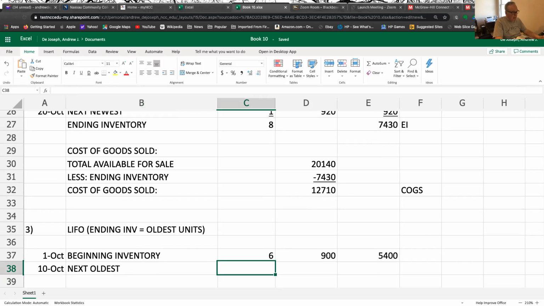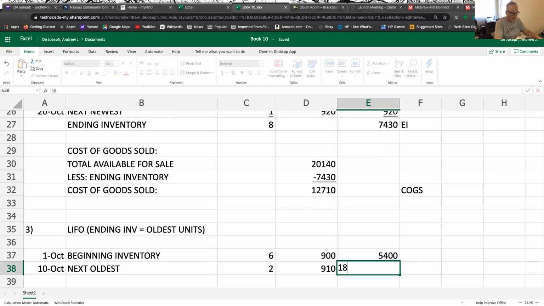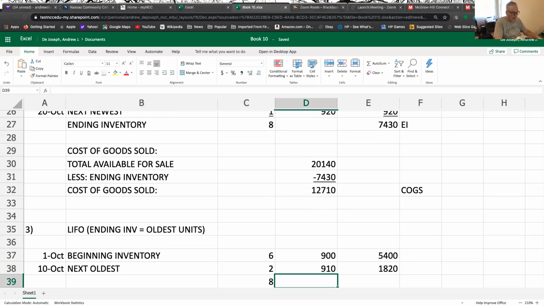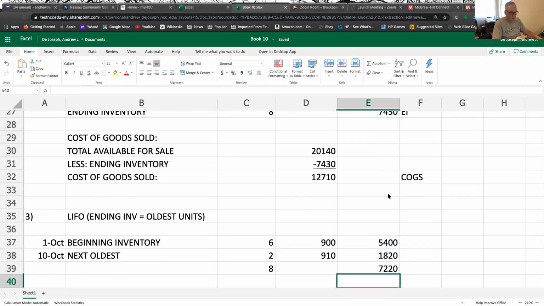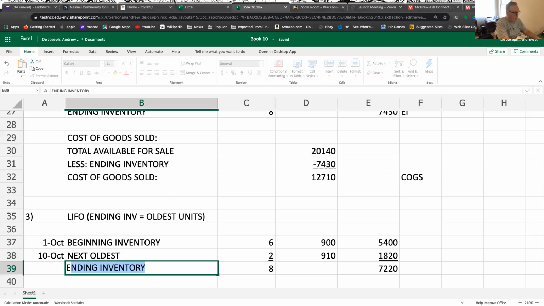So if 6 came from October 1, how many are going to come from October 10? 2, right? 6 and 2 is 8. On October 10th, I paid $910. So what's 2 times $910? It's $1820. So those 8 units cost me $7,220, right? $7,220. That's the ending inventory.